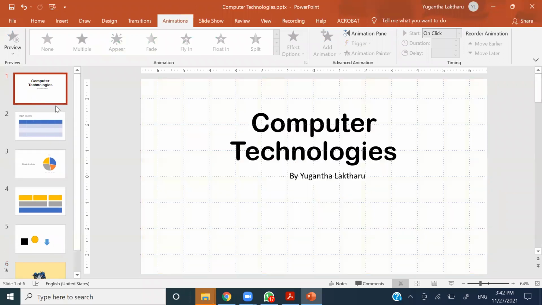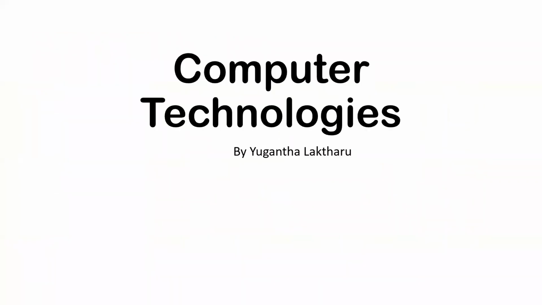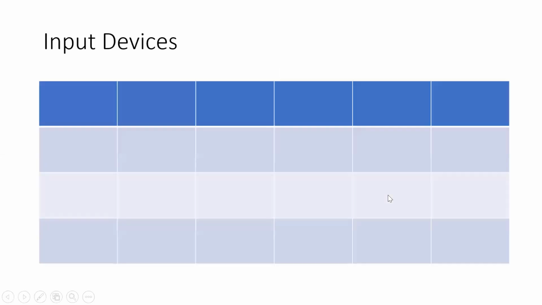If you do not have any animations on a particular slide, like this slide which does not contain any animation, then when the presentation starts and I give a mouse click, it will transit to the next slide.